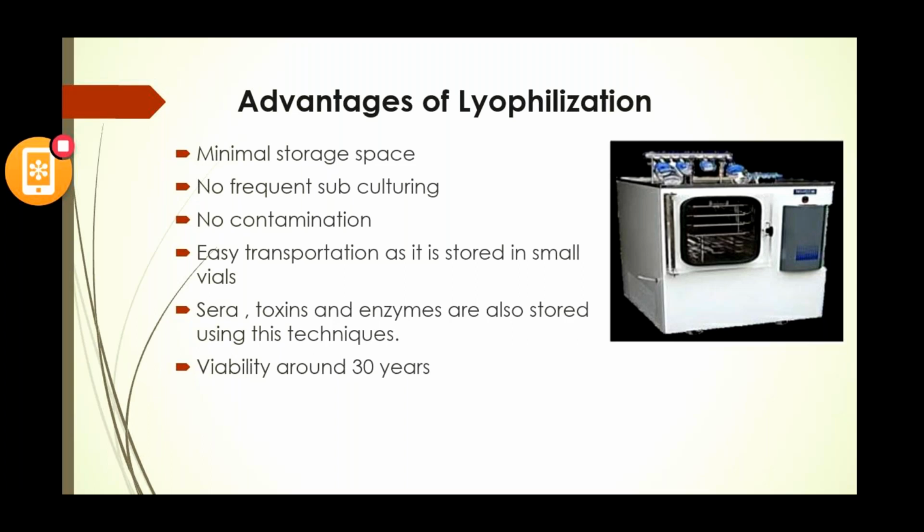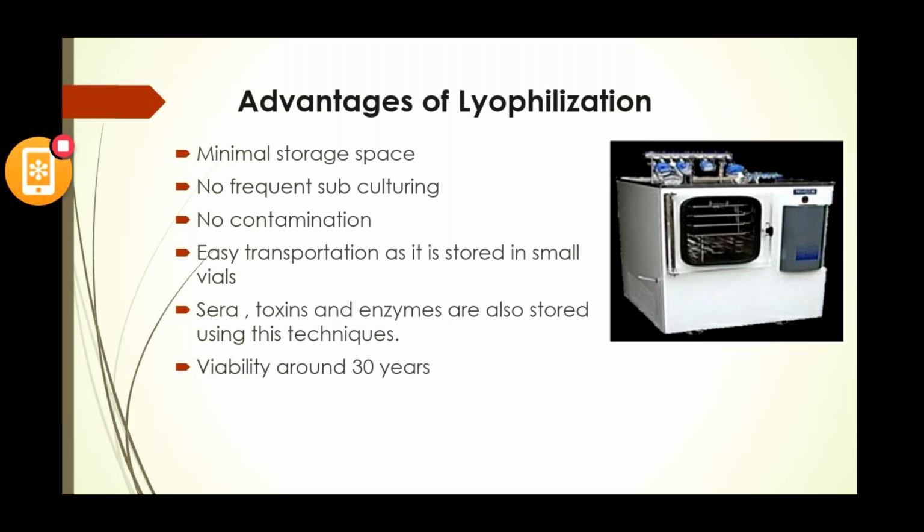Like that, we have many advantages for this technique, and generally serum, toxins and other enzymes are stored using this technique, because serum is generally a part of blood, and once the serum of a particular person who is having any genetical changes is stored, it can be easily recovered, or we can easily observe them when we store and preserve this type of serum by using this lyophilization technique.